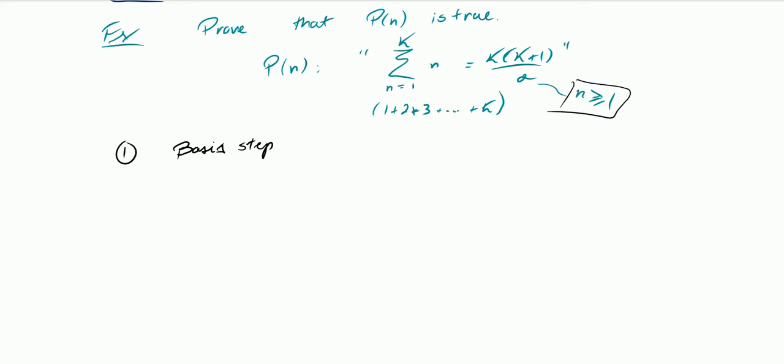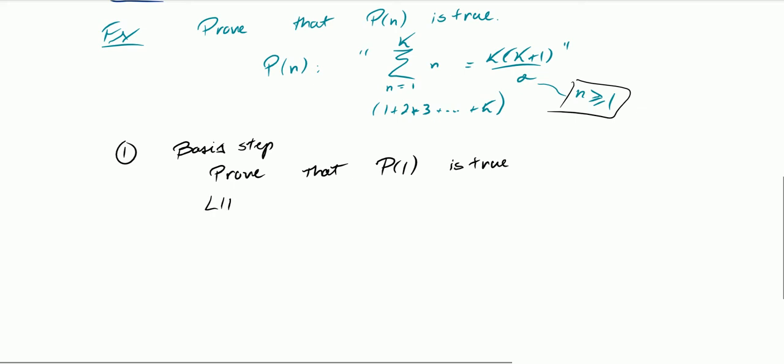My basis step in this case is the lowest possible integer that's implied in this question. So in this case it would be to prove that P1 is true. Remember Pn is a statement, so P1 is just evaluating the statement P at the integer 1. You can do this several ways, but what I like to do is prove the left hand side and the right hand side and then show that both are equal.